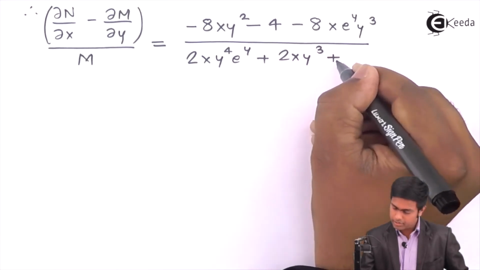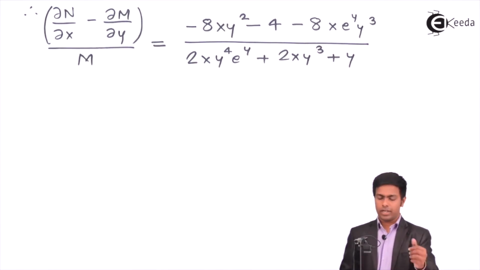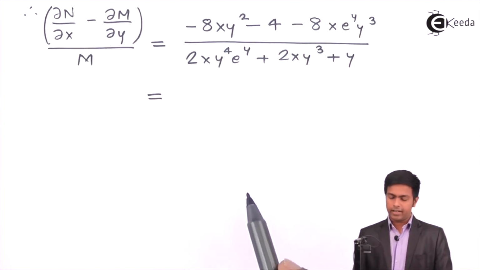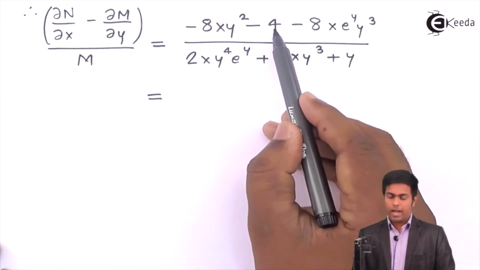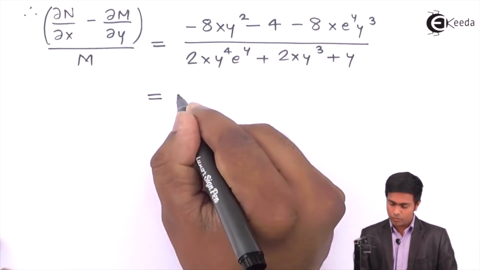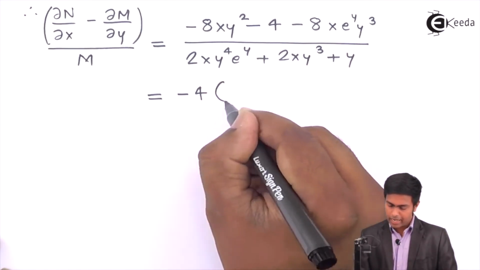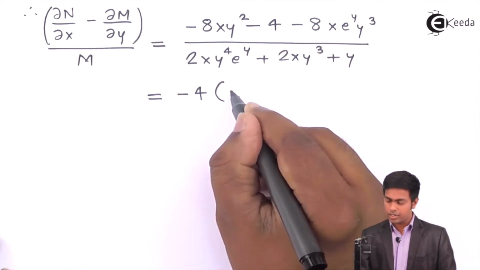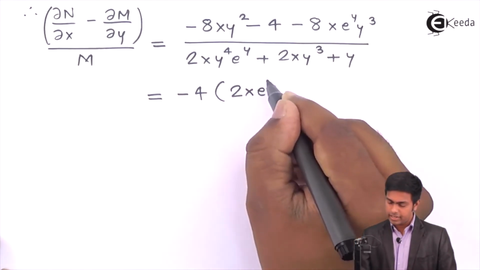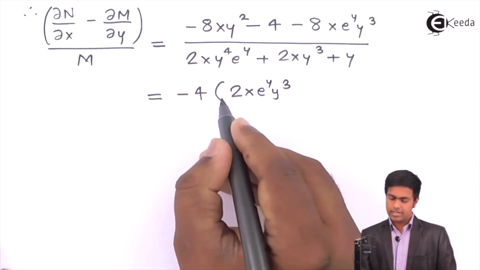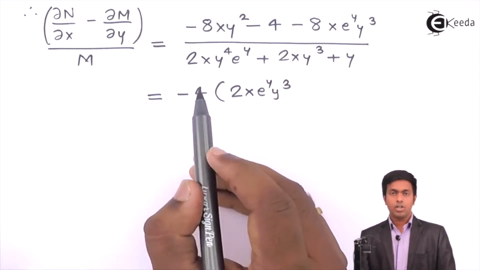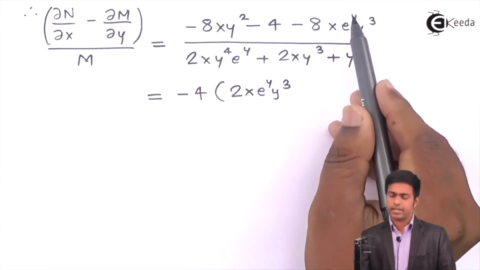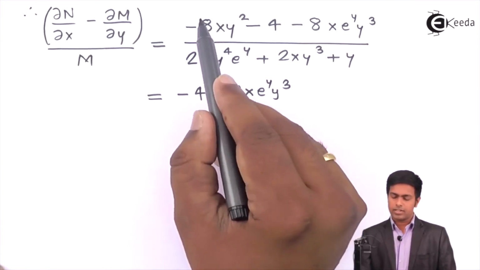cube plus y. Now guys, from the numerator we can take this minus 4 common, so we get minus 4 outside the bracket. Now from the last term we will get positive 2x e^y³, since I have taken minus 4 outside. You can check that minus 4 into 2 times this will be minus 8 times this. Next, this is the second term.